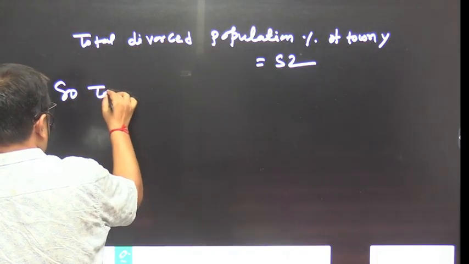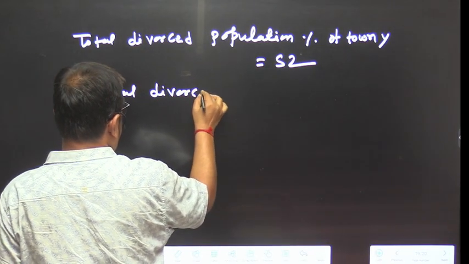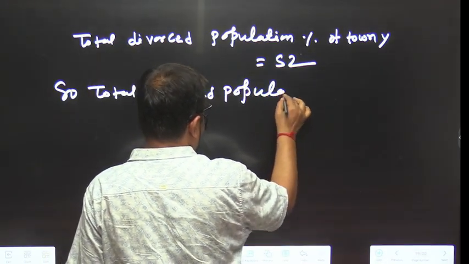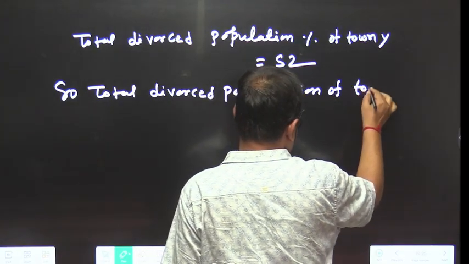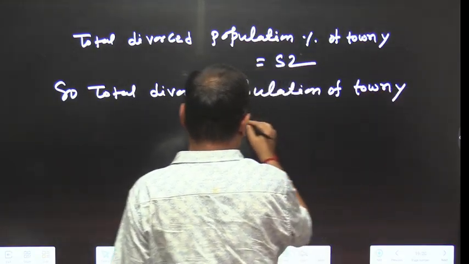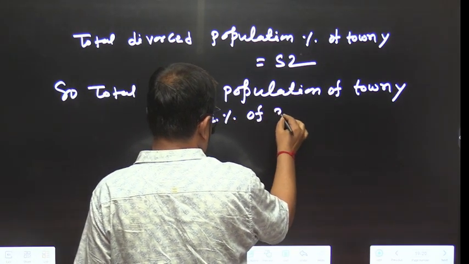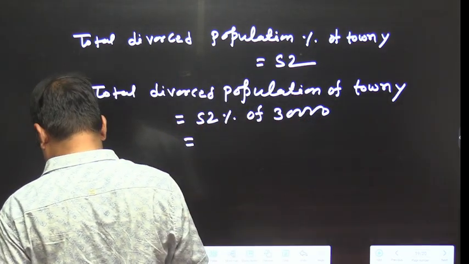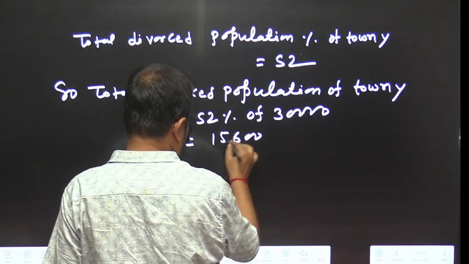So the total divorced population of town Y equals 52% of 30,000. The operation is done by calculator: 51600.